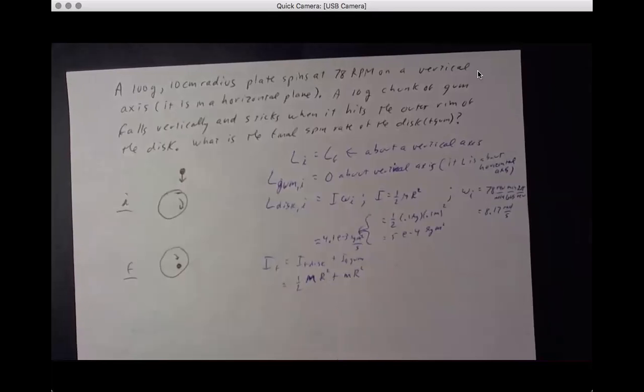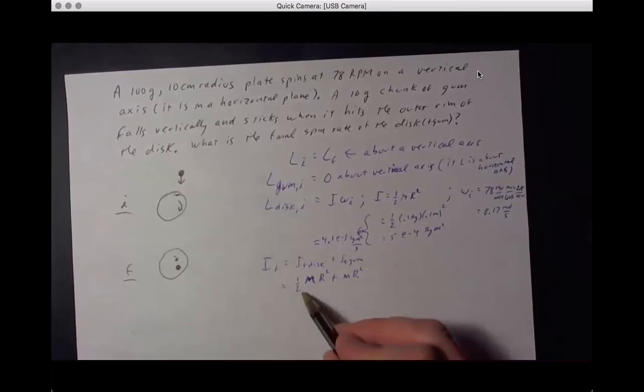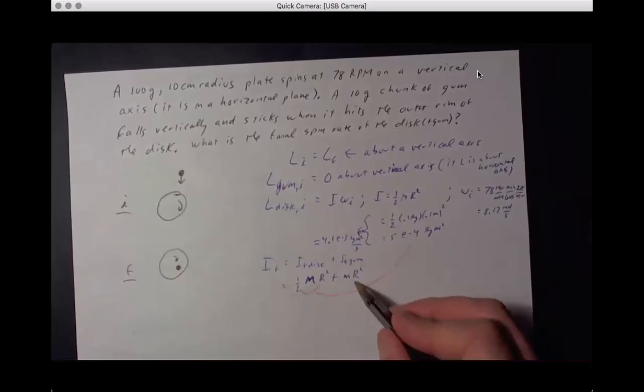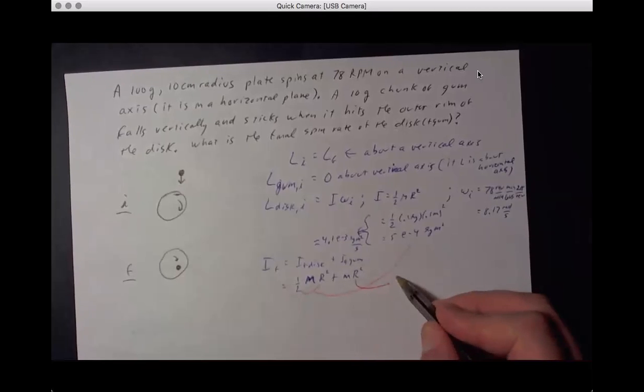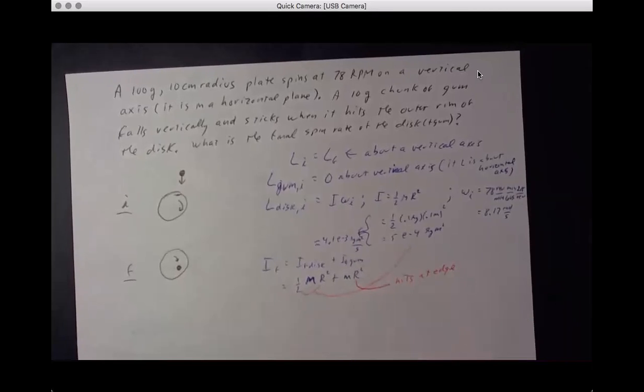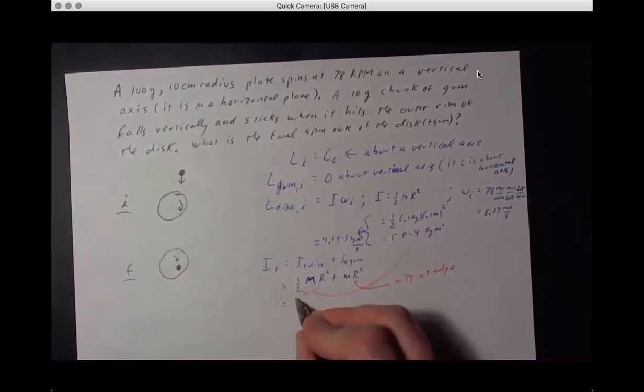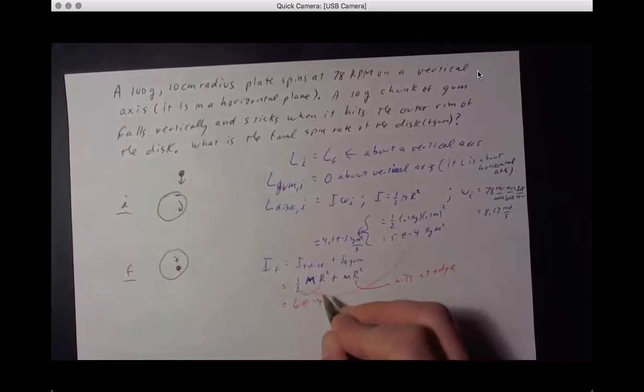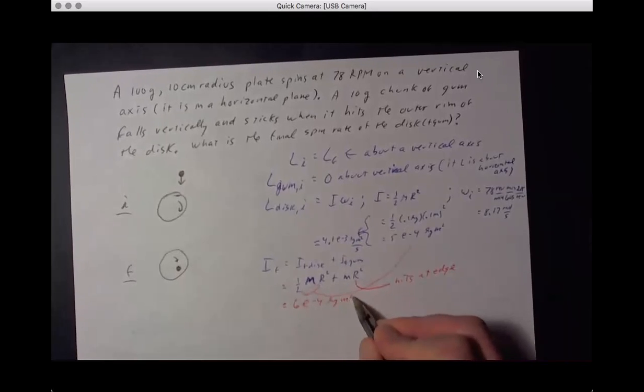This is as it was before. This is equal to r since it hits the edge. It's the same radius. And if you multiply these two out, you get 6e minus 4, again kilogram meters squared.